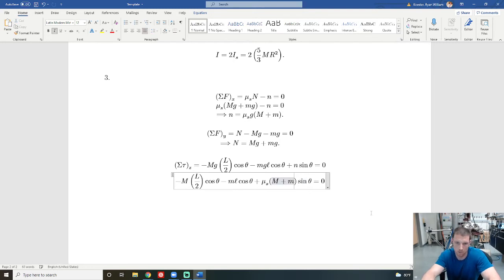We could actually go through and divide every term by cosine theta as well. And then the first two cosine thetas disappear, this becomes tangent of theta, right? Sine of theta over cosine of theta is tangent theta, and then you just have to solve this for this L here.